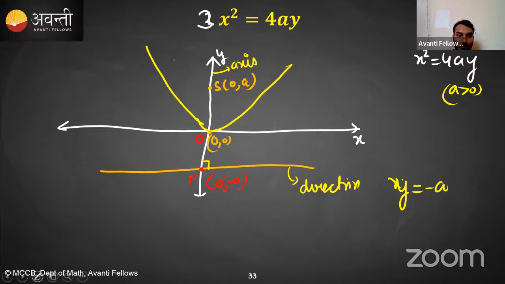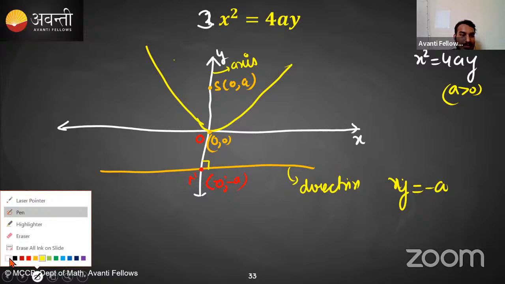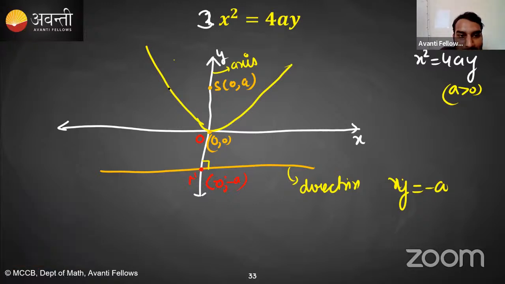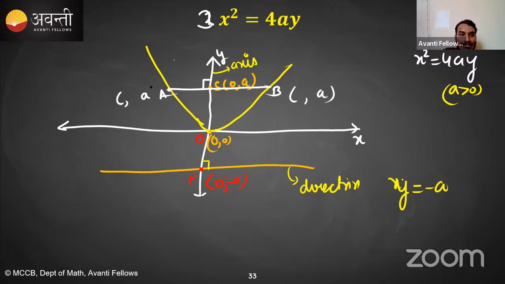Clear? Okay. So what would be the length of the latus rectum? Can anybody tell me in the chat box? The latus rectum will be this, AB, right? Put on these points A and B, y is always a. What is x? Put y equal to a, and we get x equal to plus minus 2a.